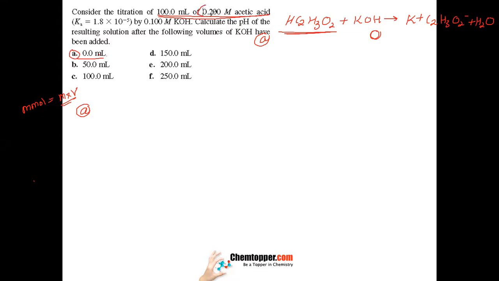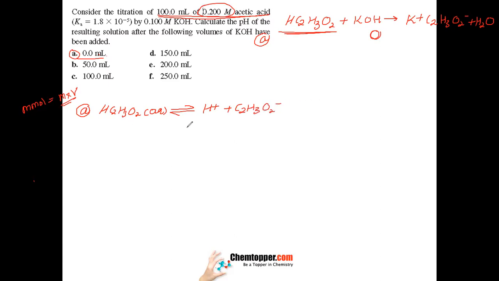So there is no change in the molarity. And it's a weak acid. HC2H3O2 is a weak acid, right? And weak acids are going to dissociate partially. For the weak acid, if I want to determine the pH at the A point, I need to make the RICE table. Do you remember how to determine the pH of weak acids?